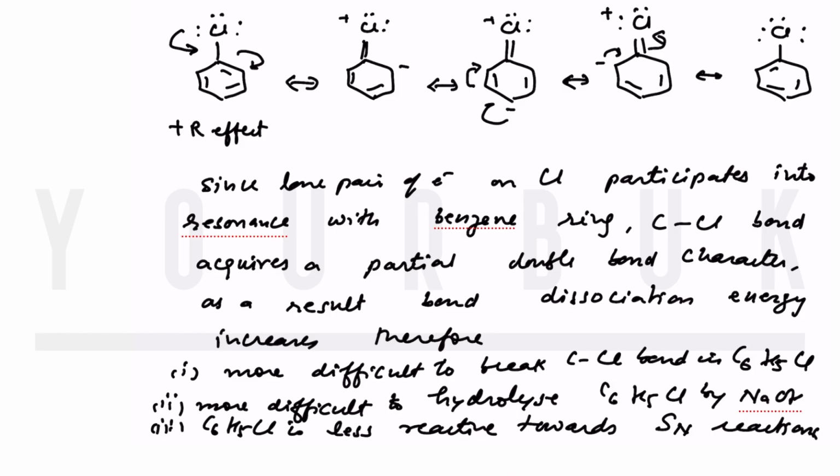So this is one reason by which you can explain the 3 questions: why it's difficult to break the C-Cl bond, why it's difficult to hydrolyze chlorobenzene, why chlorobenzene is less reactive in nucleophilic substitution reactions. Now the second reason, the first was resonance. If you look at chlorobenzene, this is my alpha carbon.